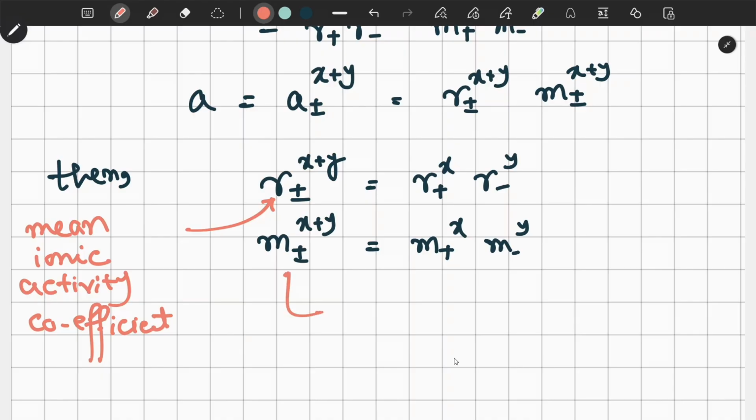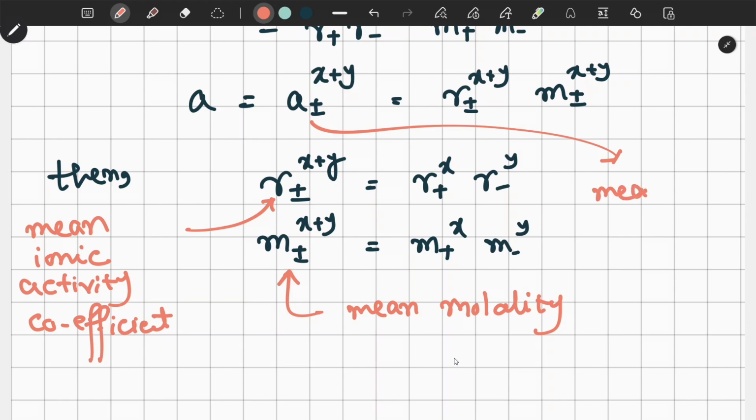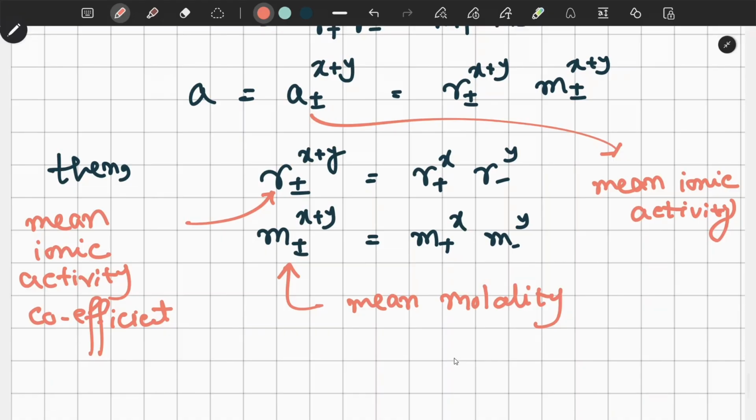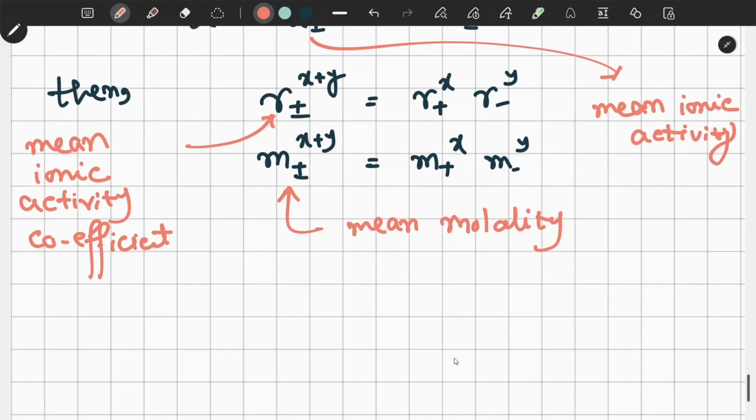This is our mean molarity, and this is mean ionic activity.